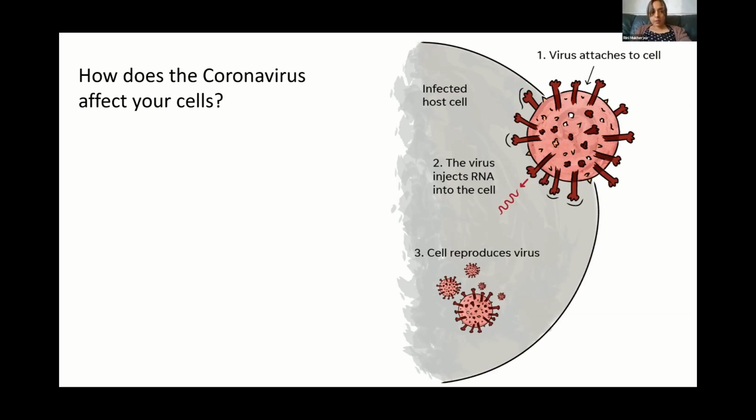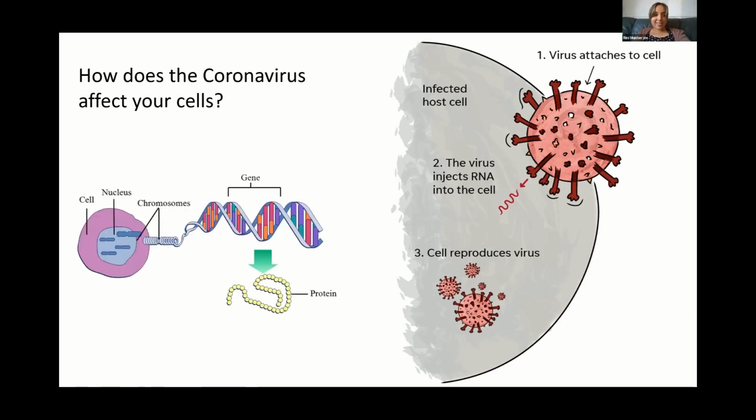The virus will insert its own genetic material into our cell, and then it will join our own genetic material, which is located in, well done to those of you who guessed, our nucleus, okay? Our nucleus contains all our DNA. Well, of course, there's a little bit of mitochondrial DNA located in the mitochondria, but the majority of our DNA is contained within our nucleus.